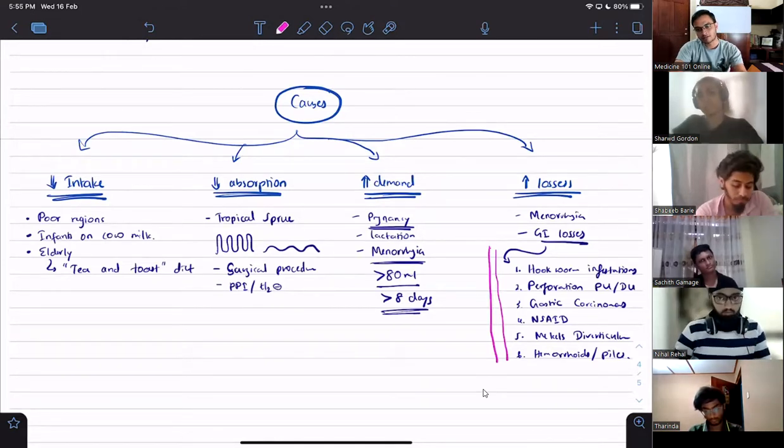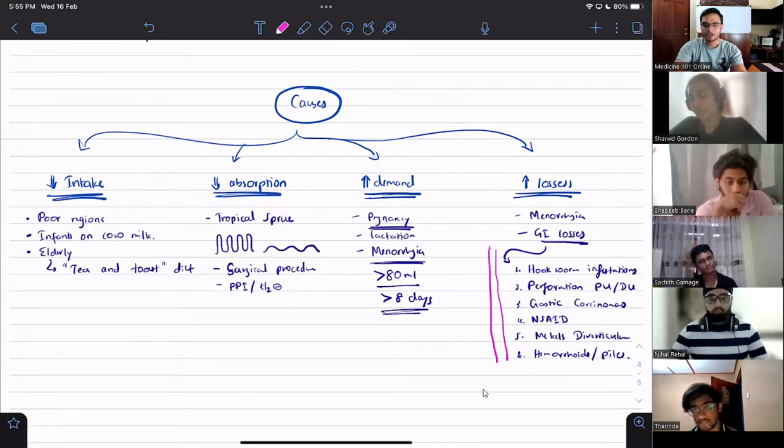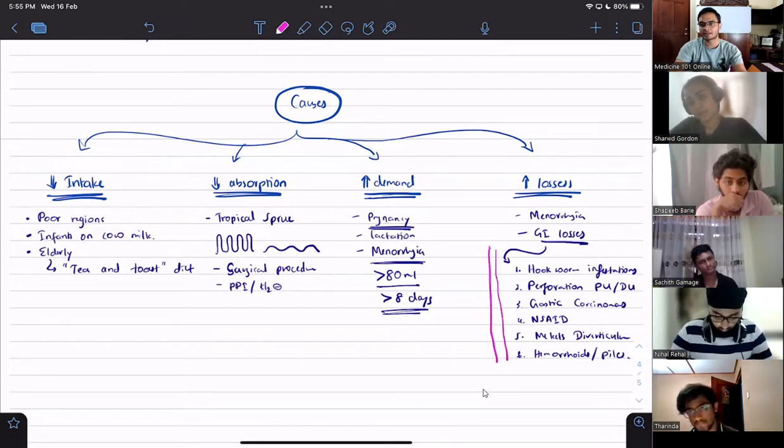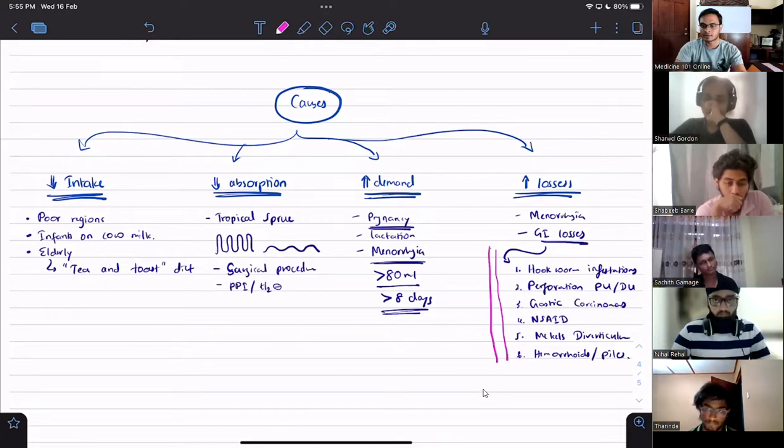As a doctor, when you are working, you get an iron deficiency patient, you are treating them, you are giving them oral iron, and it's not working. What should you do? Further investigation into the GI tract, because if something is wrong in the GI tract, no matter how much oral iron you give, it is pointless, right?